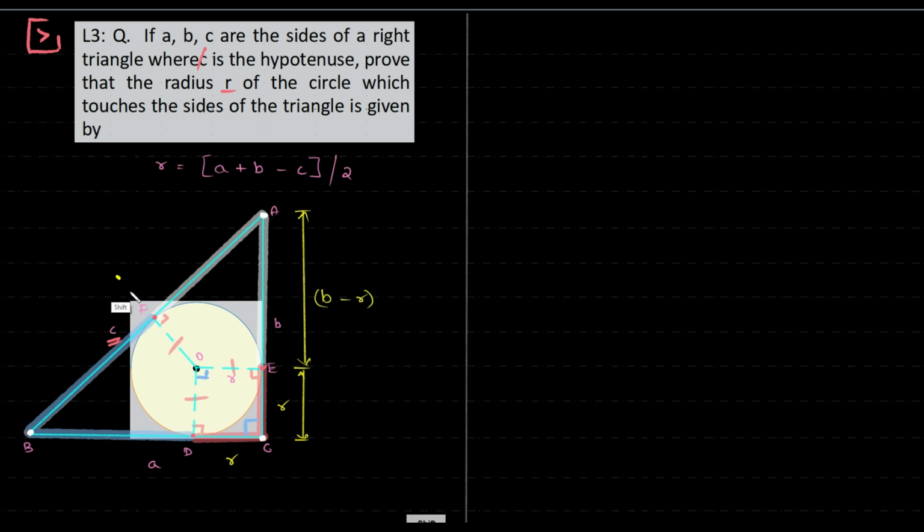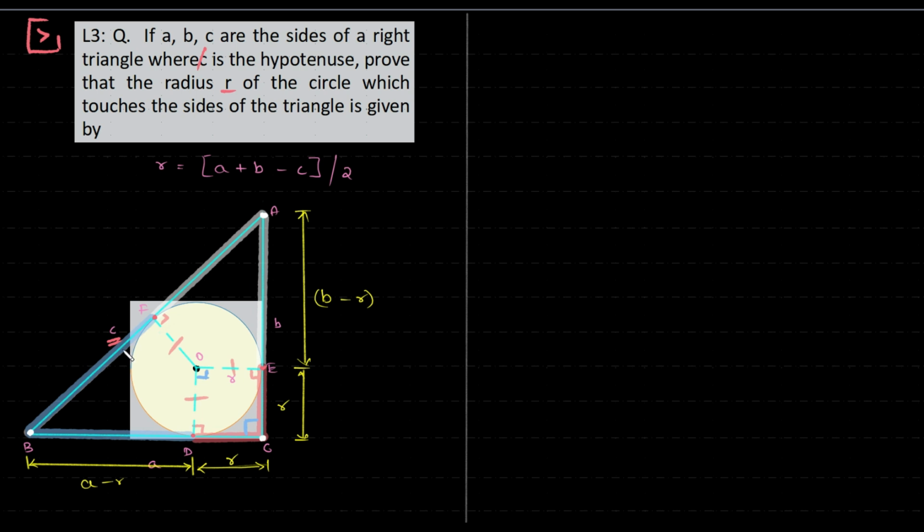And in a similar manner, this we can tell to be equal to what? Yes, A minus R. And this is R. Okay, so what else do we have? We have AF equal to AE.